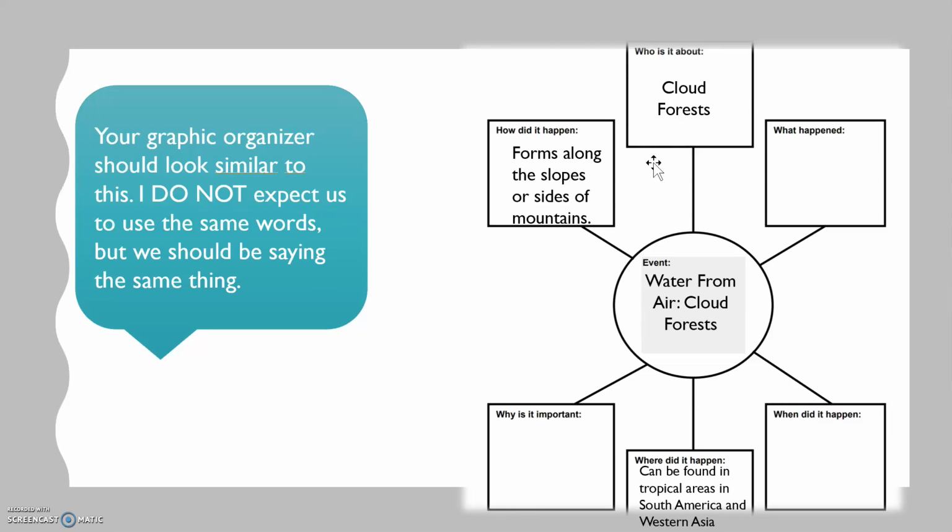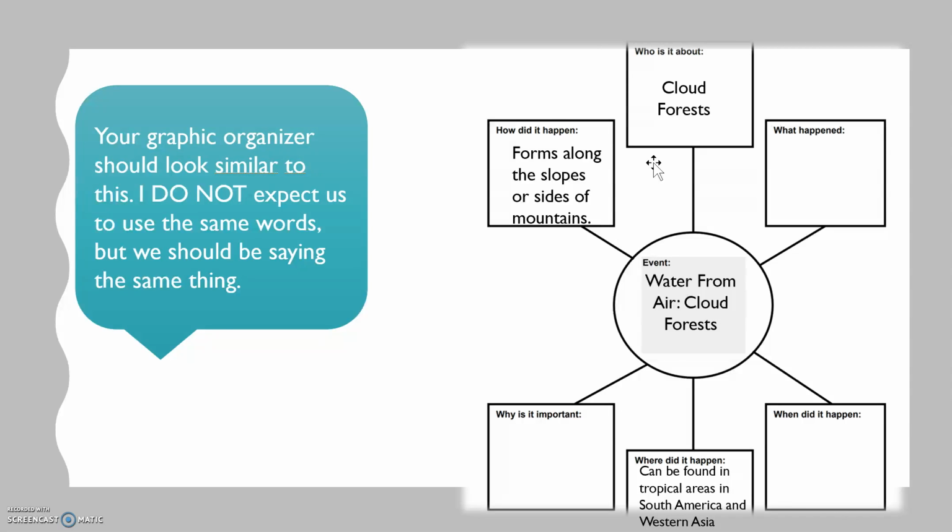Again, we didn't talk about a specific person. We talked about a specific concept or a thing or object. And in this case, our topic was cloud forest. And if you notice, I've completed a few boxes, but not all boxes, because I will get a few responses from volunteers to see what you were thinking and what you all had, to see if we're all on the same page, did we come up with the same thing.